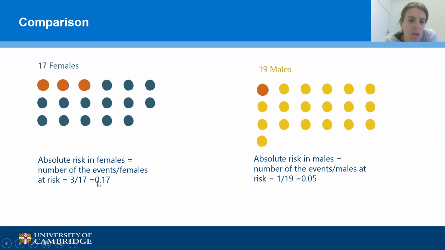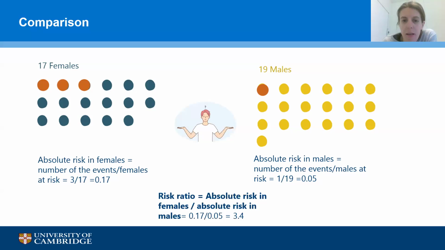So it's around 0.17. And the absolute risk in males is 1 divided by 19, because it's one event, divided by 19 people, so the absolute risk is 0.05. And how can we compare females and males?